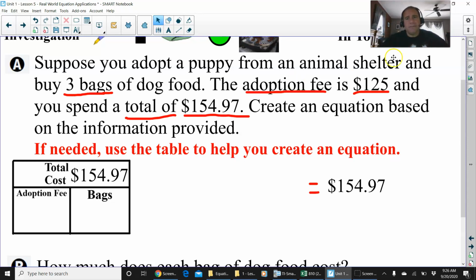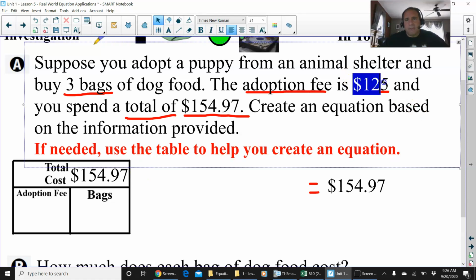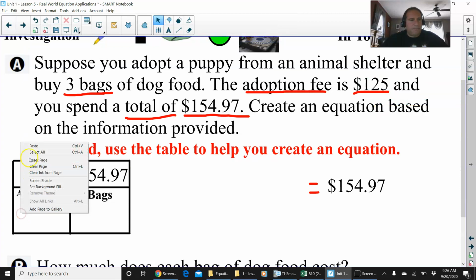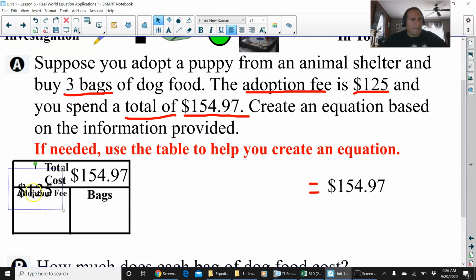Now the adoption fee is $125 and 3 bags of dog food. So I'm going to put this adoption fee right there where it says adoption fee. And the amount of bags is 3.